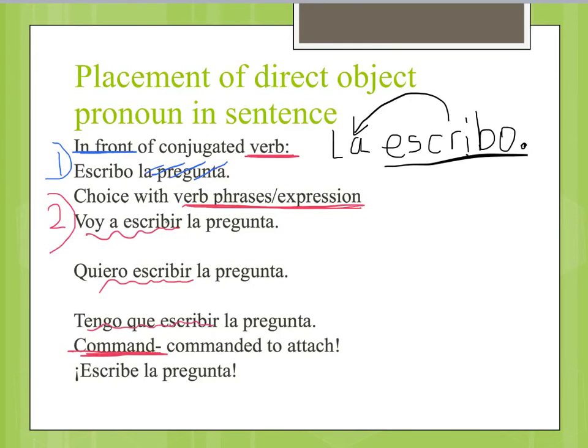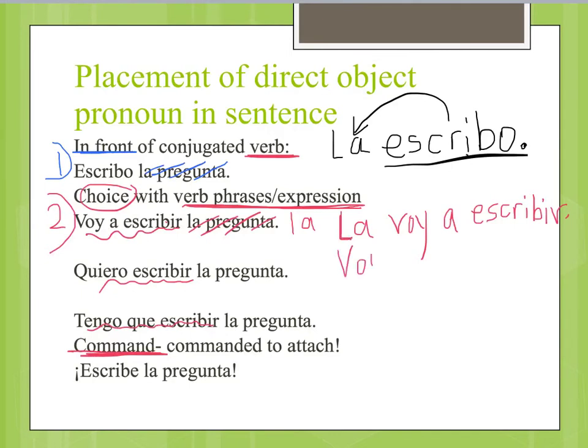Well, when I have that, then I've got a choice, which means that I can either place the pronoun that I've decided to use, maybe in this case with la pregunta it's going to be la, in front of the entire verb phrase, so I would end up with la voy a escribir as a new sentence, I'm going to write it, or because I have an infinitive, my second option would be to move the la to the end of the sentence and actually attach it to the infinitive.